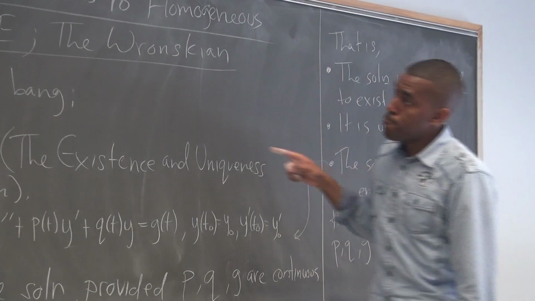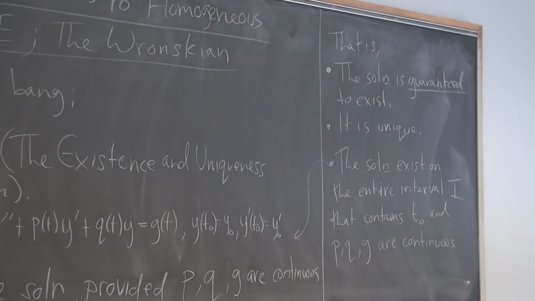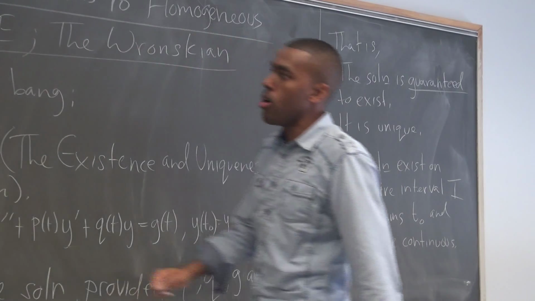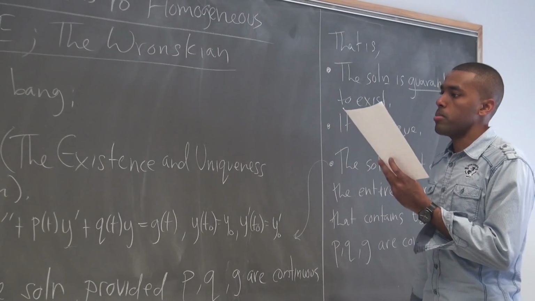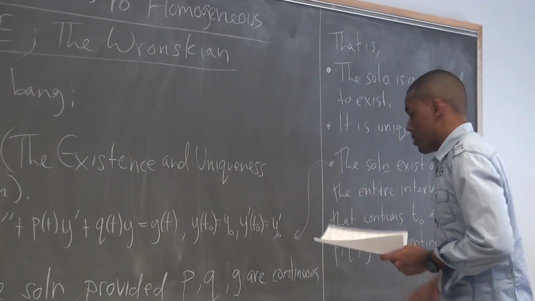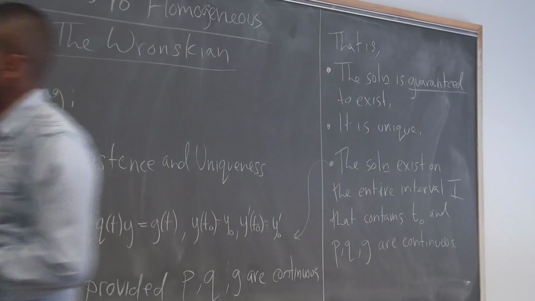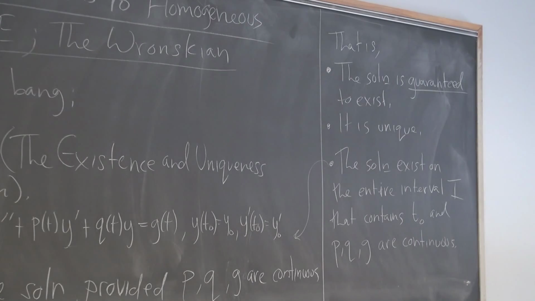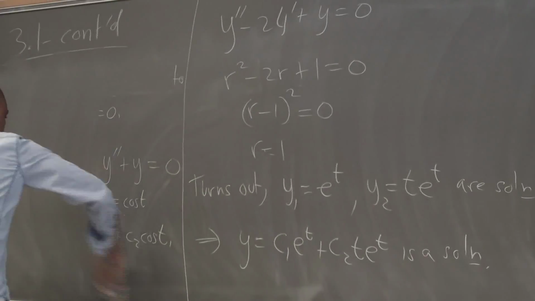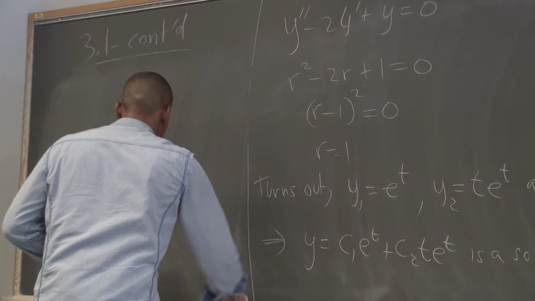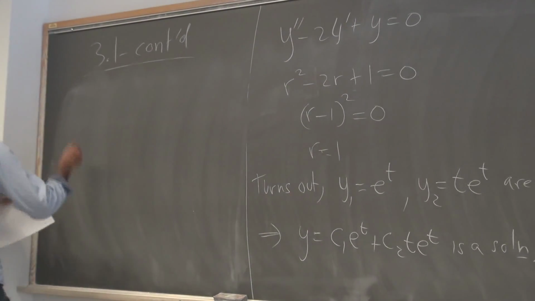In fact, the solution to this guy, your constants are continuous on the entire real line. It means this solution that we got for this works on the entire real line. That won't always be true, but it is true. In fact, there are some problems that actually talk about that. So I'll give you an example.